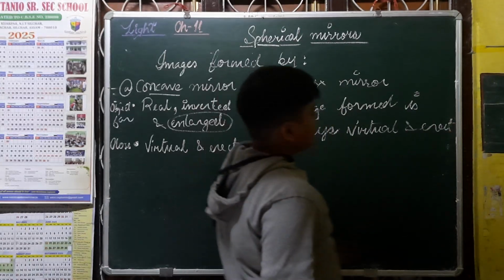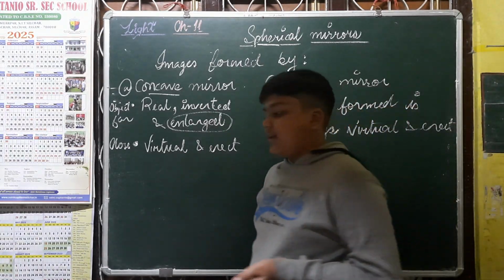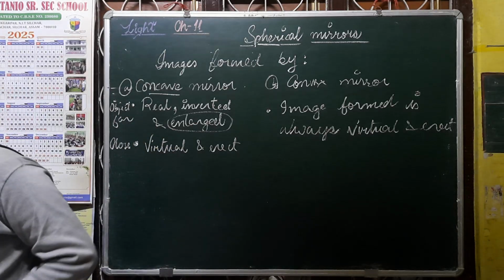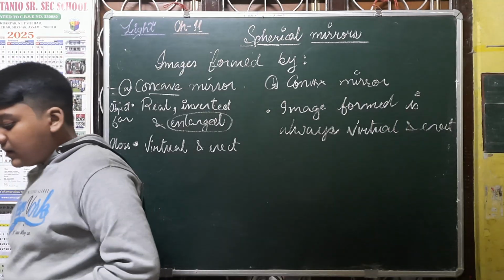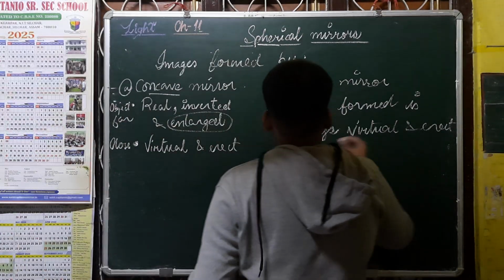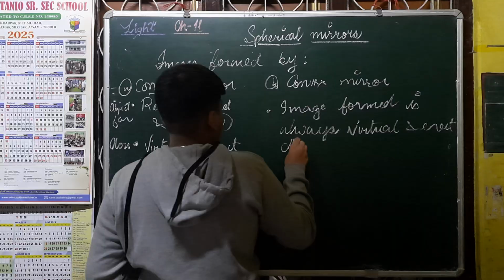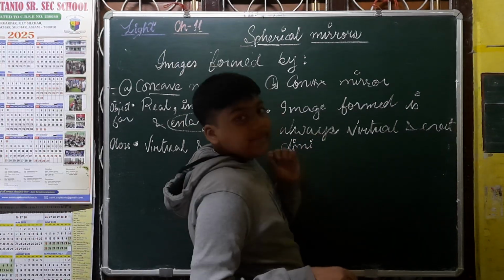Wherever you place the object, the image will remain virtual and erect. Even the image will be diminished, means smaller than the object.